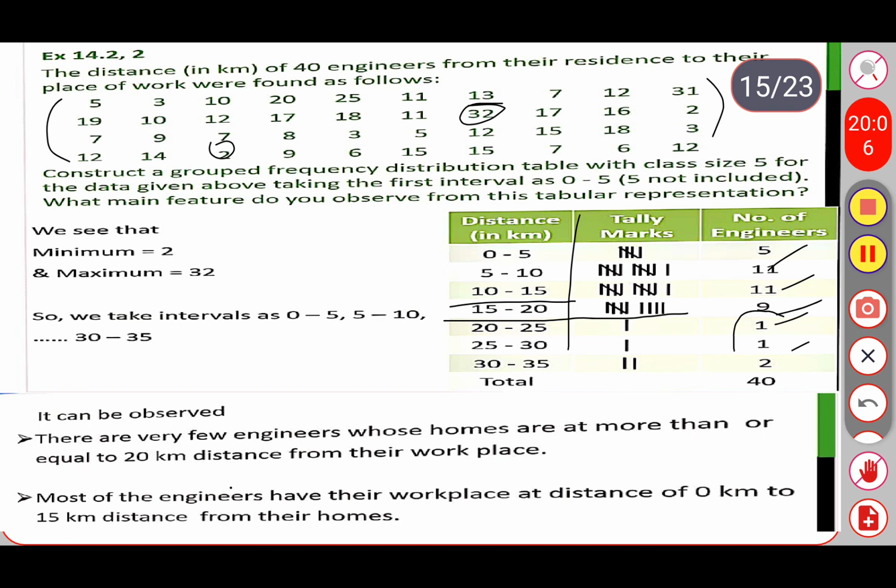And last one, 2 engineers are away from their working place and their distance is 30 to 35 kilometers.